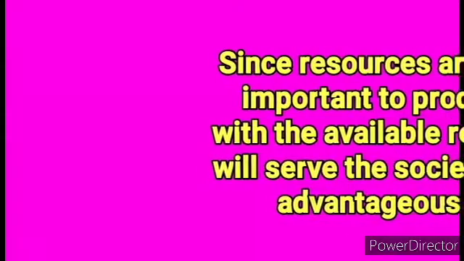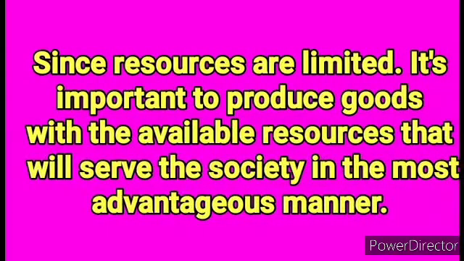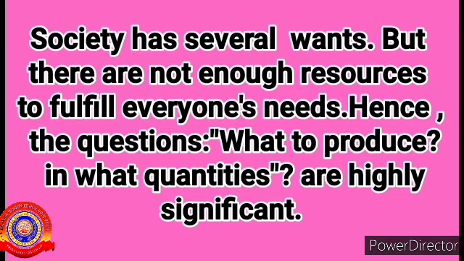Since resources are limited, it's important to produce goods with the available resources that will serve the society in the most advantageous manner. Society has several wants, but there are not enough resources to fulfill everyone's needs.